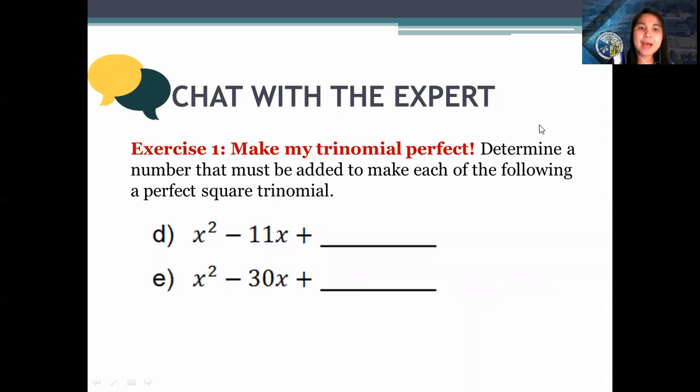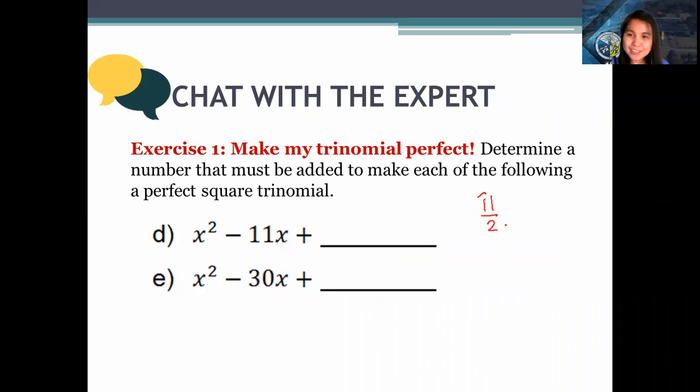Next, how about for letter D? X squared minus 11x plus. What must be the last term? Ready in the chat box? That should be 11 divided by 2, a fraction.